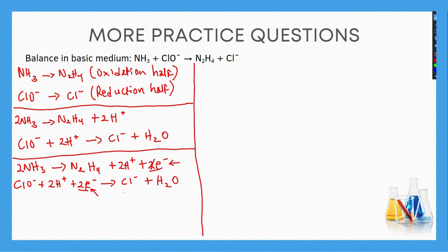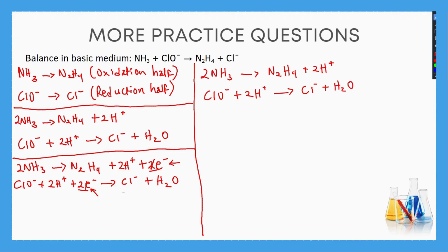So when we do that, we end up with this new set of equations. Now we have 2NH3 yielding N2H4 plus 2H+, and then the other equation follows suit, ClO- plus 2H+ yielding Cl- plus H2O.